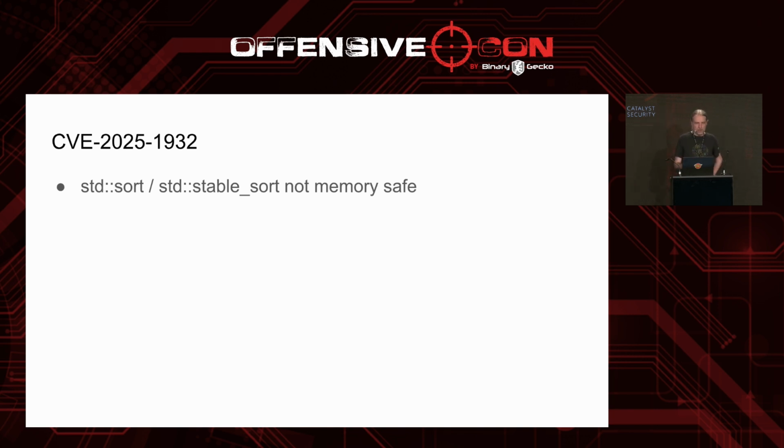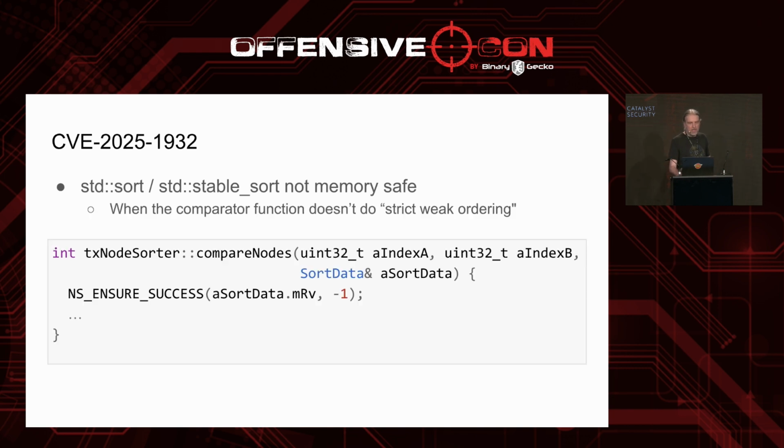In particular, one way in which they are not memory safe is if you are using a custom comparator function, and this custom comparator function does not respect what is referred to as strict weak ordering.